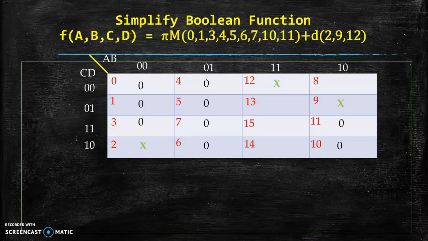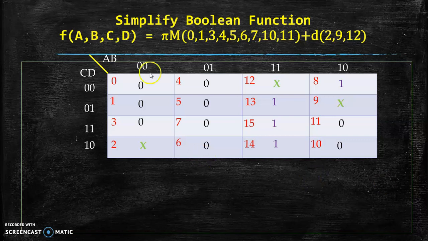It is not necessary that we use all don't care conditions. We can use as many as we require to prepare our convenient groups. In all remaining cells, we have to enter ones.